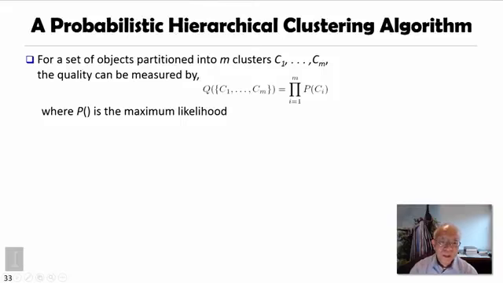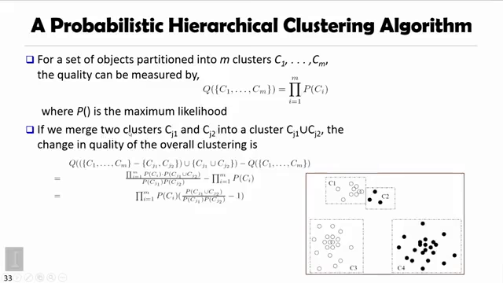Then the probabilistic hierarchical clustering algorithm works like this. Suppose we have already partitioned the whole set of points into m clusters, C sub 1 to C sub m. Then the quality of the clustering can be measured using this quality function, which is the product of all those probabilities.